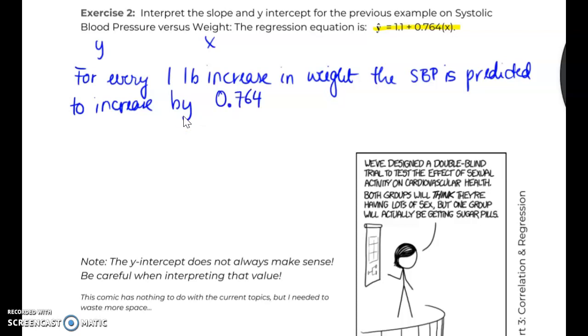No matter which order this is written in, our slope is always right in front of the x. By 0.764, and then our units for y are millimeters of mercury. So for every 1 pound increase in weight, the systolic blood pressure is predicted to increase by 0.764 millimeters of mercury.